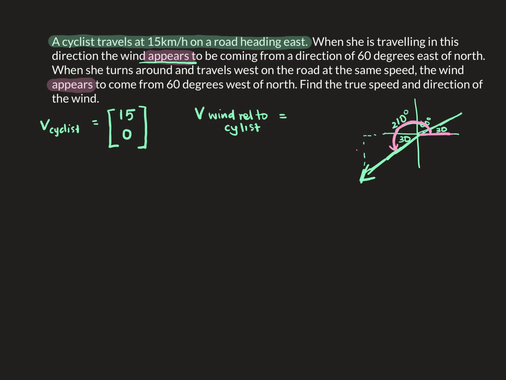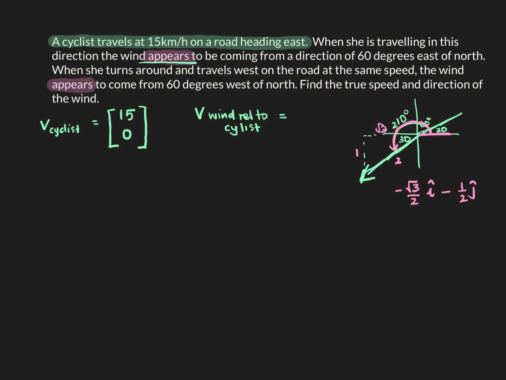So for this vector, we've got negative root 3 on 2 i minus 1 over 2 j.